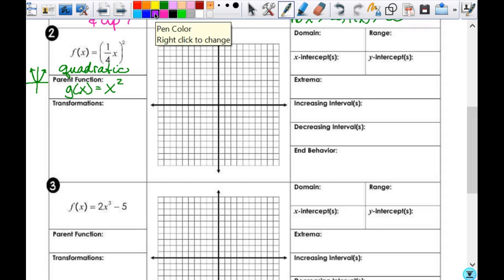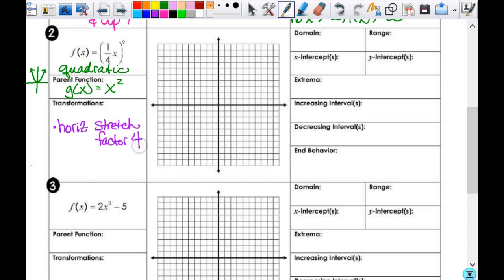All right, so quadratic. How many transformations are happening here? Just one, right? And is that going to affect me horizontally or vertically? Horizontally. Okay, so this is going to be a horizontal what? Stretch. Factor of 4. Agree with that? X lies, right? Does it make a little more sense what X lies now?